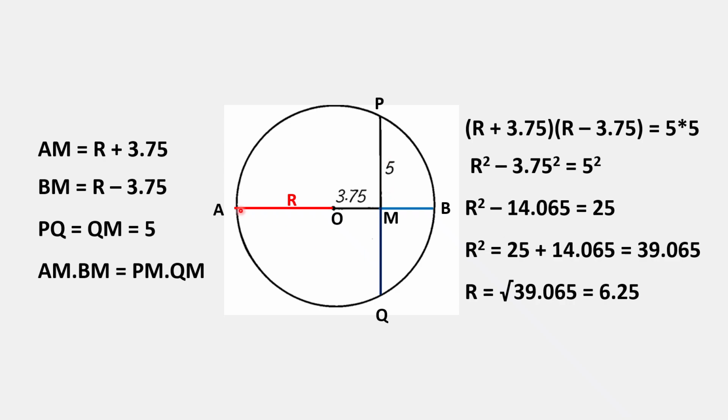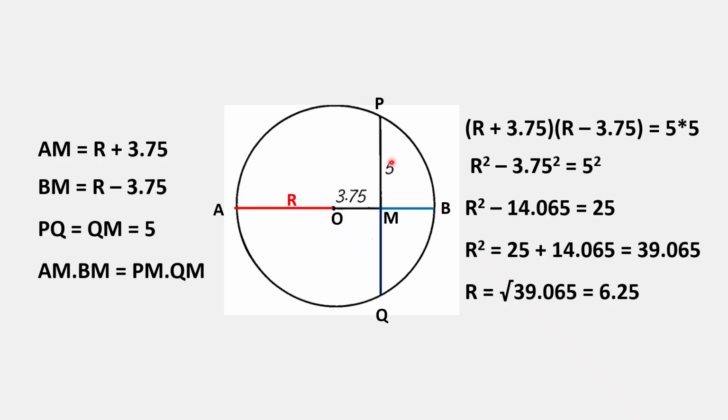Now by the property of intersecting chords, we have (R plus 3.75) into (R minus 3.75) equal to 5 into 5. The product of the two horizontal segments is equal to the product of the two vertical segments.